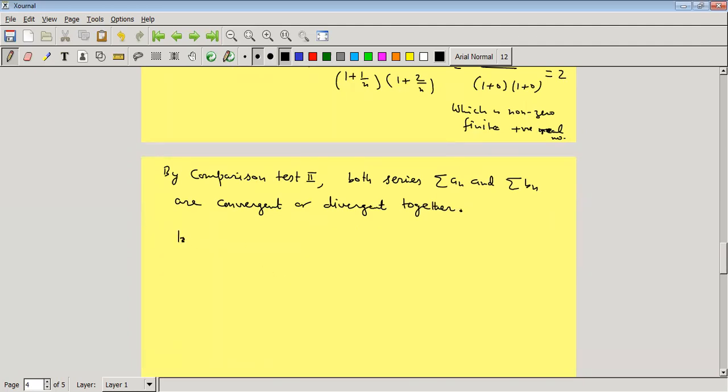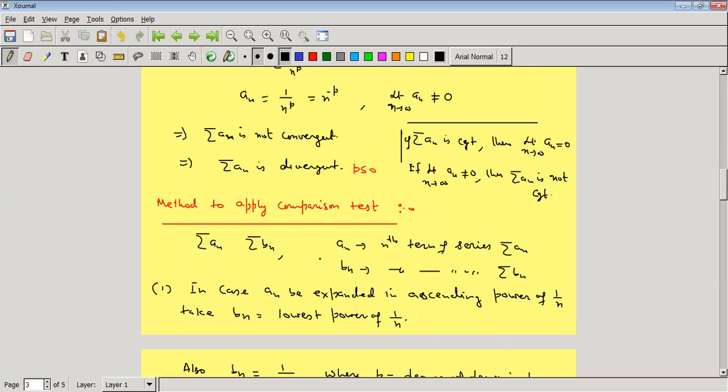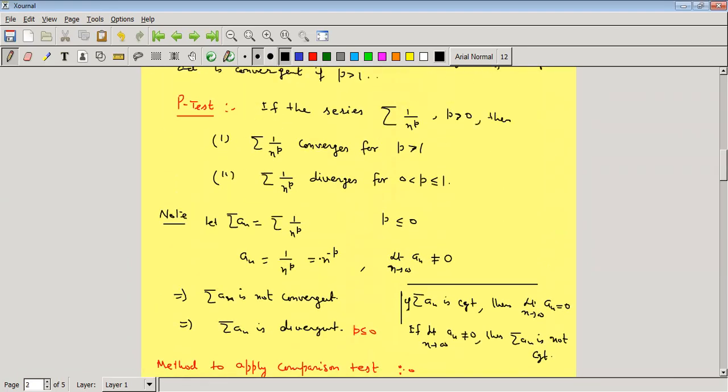But summation Bn, what is Bn? Bn is 1 upon n square. So summation Bn is summation 1 upon n square. Now we apply the p test. If we take the value of p to be 2, it means it is greater than 1.